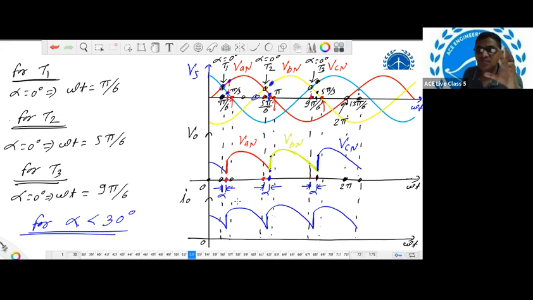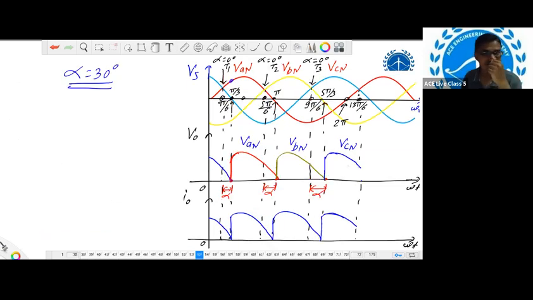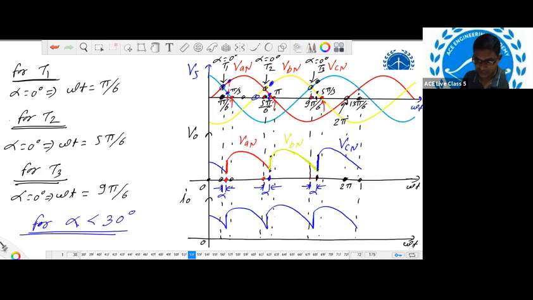Now suppose we keep alpha equal to 30 degree. That we also discussed. Alpha 30 degree means we apply the gate pulse to thyristor T1 at this instant, which is pi by 3. Alpha 0 degree for T1 means omega t is pi by 6; to keep alpha at 30 degree, I add another 30 degree, so omega t is pi by 6 plus pi by 6, that is pi by 3.